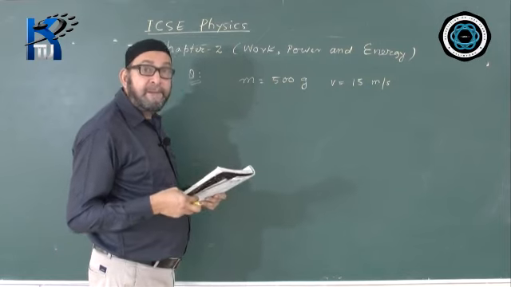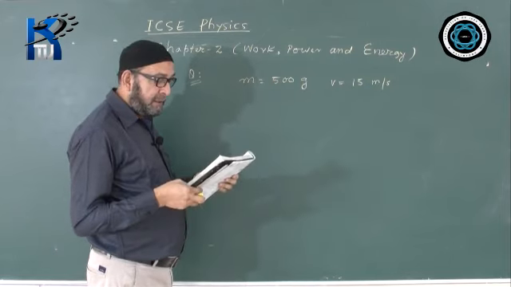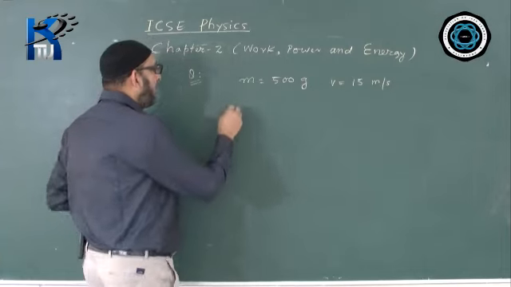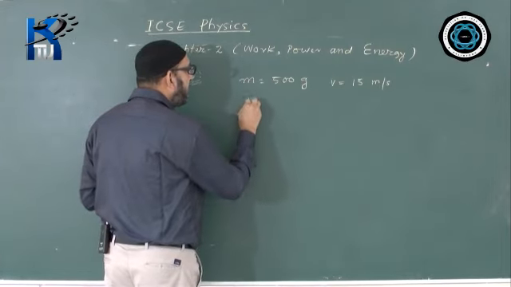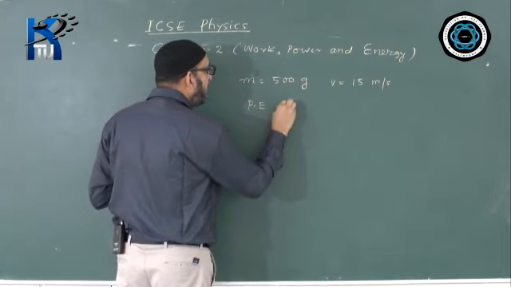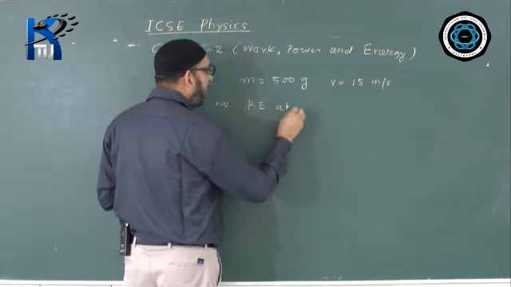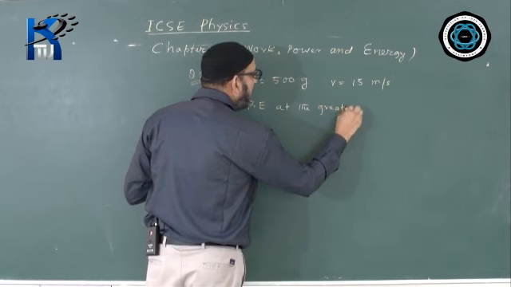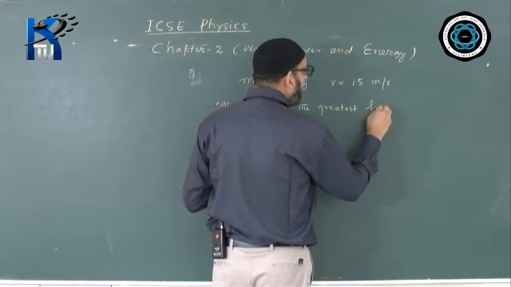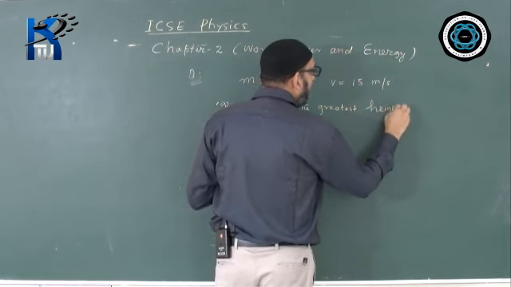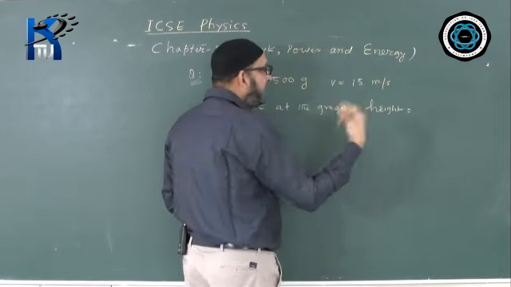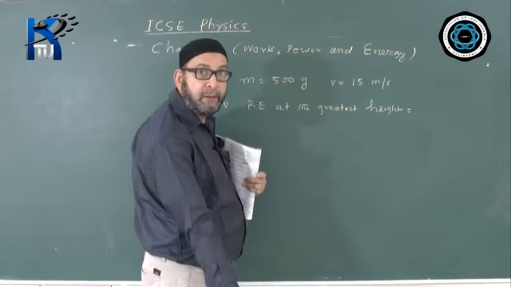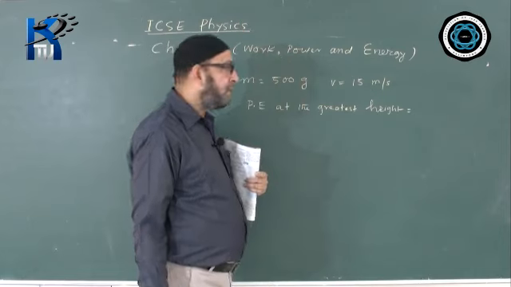Now, the question is find potential energy at the greatest height. So, potential energy at the greatest height will be equal to the same value, kinetic energy at the lowest point, because kinetic energy at the lowest point only changes into potential energy.